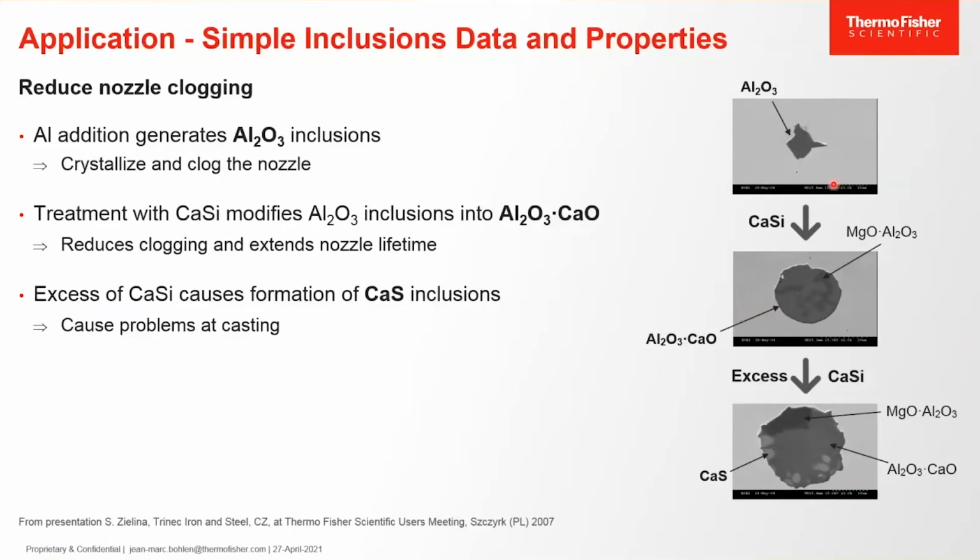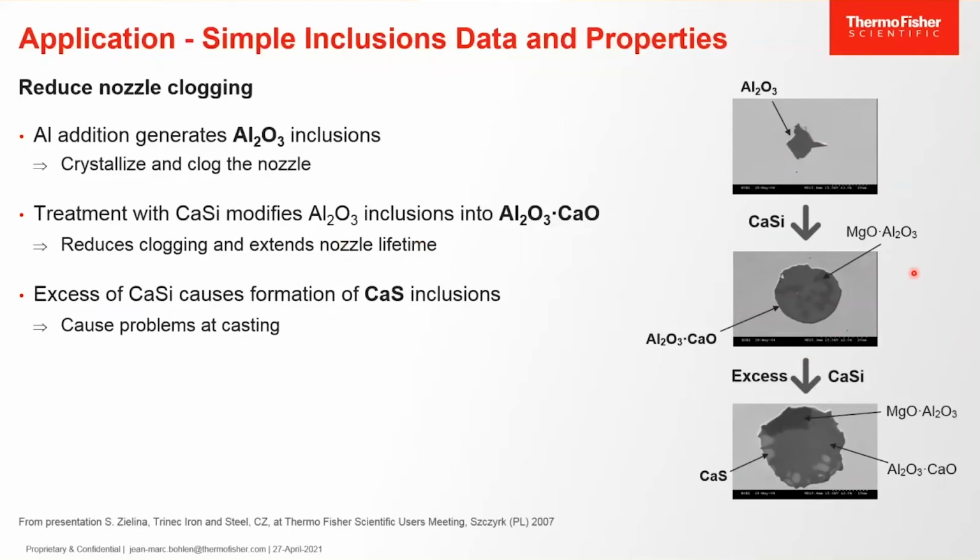They add calcium compounds to modify the aluminum oxide inclusions into calcium aluminate inclusions that are liquid in the liquid steel and will move to the slag. When you do that, the consequence is that you reduce, of course, the risk of clogging and extend the nozzle lifetime. You have here an example of an inclusion that is modified from aluminum oxide to calcium aluminate.